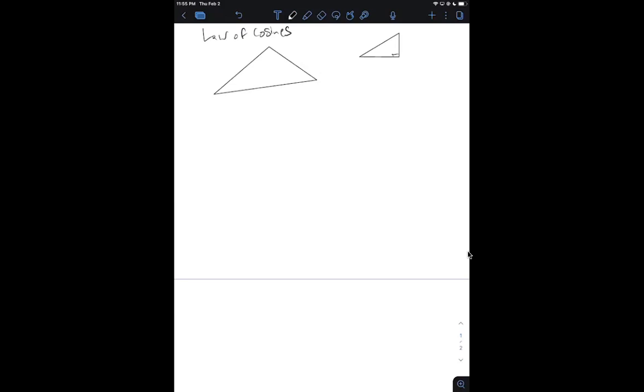This makes a right triangle. For some angle theta, the cosine is pretty easy to define. Relative to this angle, with the adjacent, the hypotenuse, and the opposite, cosine of theta is equal to the adjacent over the hypotenuse. The sine of theta is equal to the opposite over the hypotenuse.